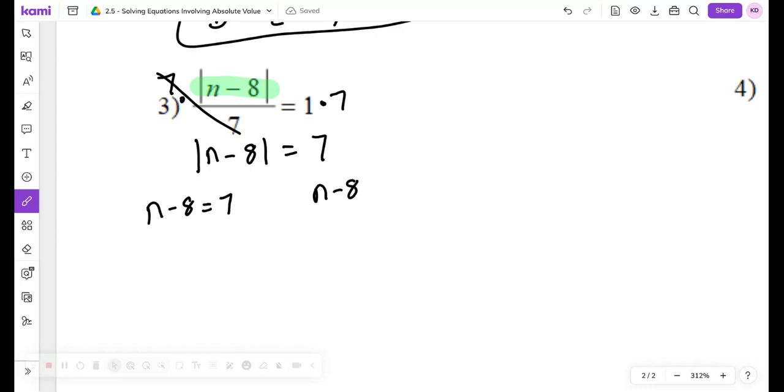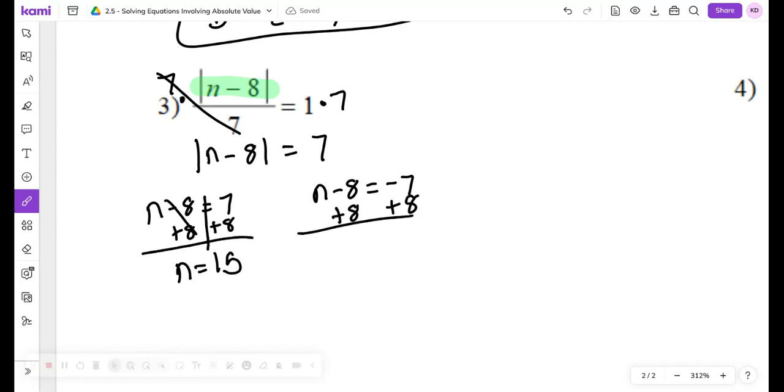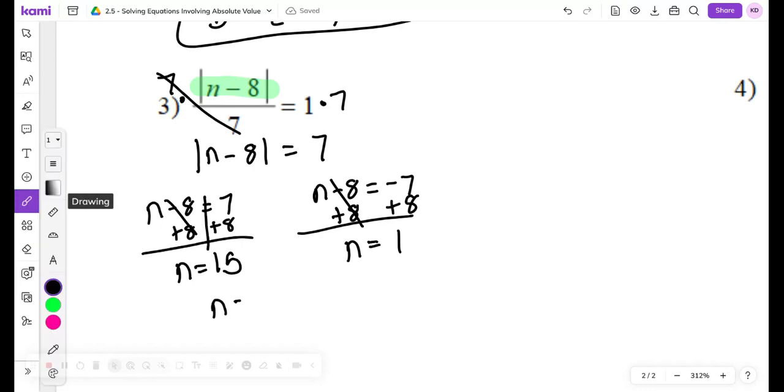So n minus 8 equals positive 7, n minus 8 equals negative 7. I can add 8 to both sides. So n equals 15. Add 8 to both sides. N equals 1. So my solution set, not x, but n in this scenario, is going to be n equals a set of numbers, 1, comma, 15.